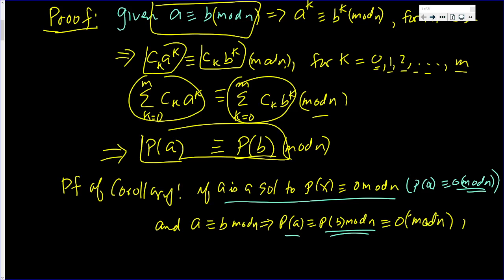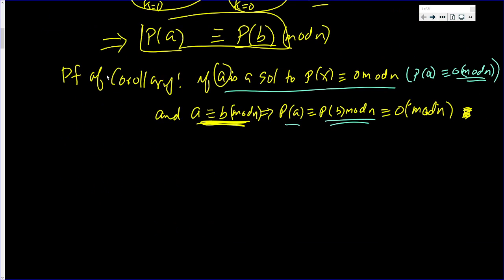And that's exactly what we wanted to show. So if a is a root, then anything that's congruent to a, mod n, is also a 0 in mod n.